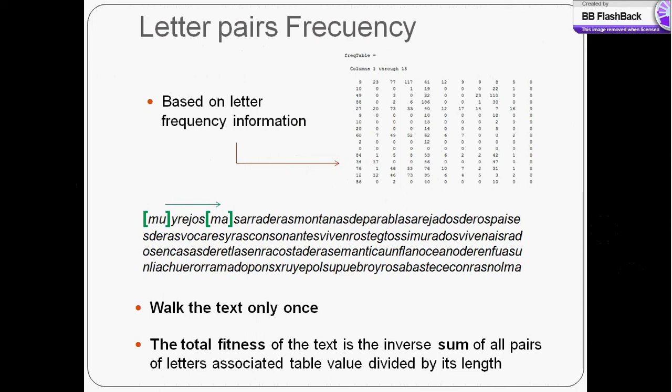So for my coded text, I will just go through it once, saving the marks for each pair of consecutive letters and then summing them. My fitness function will be the inverse of this sum. It will be the inverse of the sum because the genetic algorithm will minimize the fitness function.